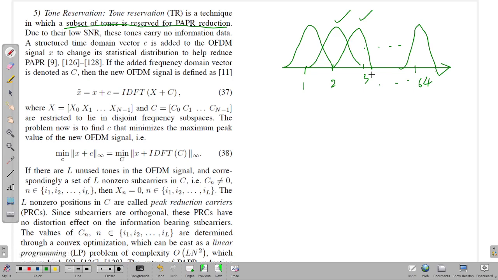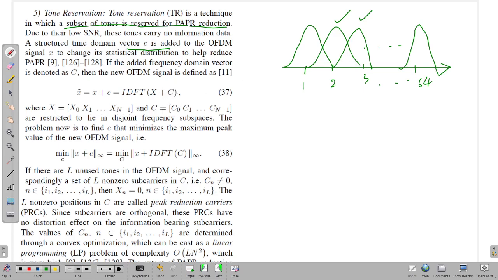Some subcarriers are reserved to adjust the amplitudes and reduce the PAPR. And we have a vector C that is added to the original OFDM signal X, and this C is chosen such that the PAPR reduces.